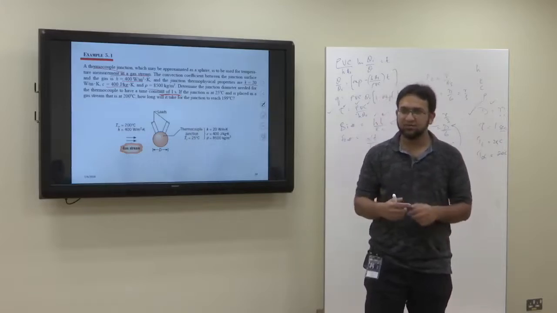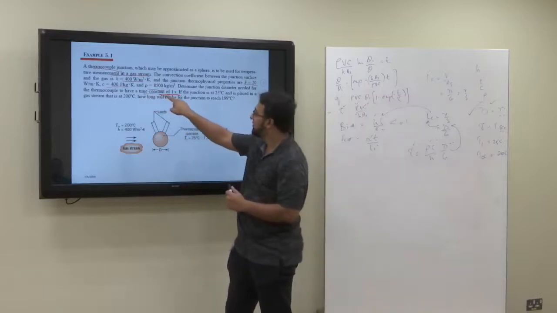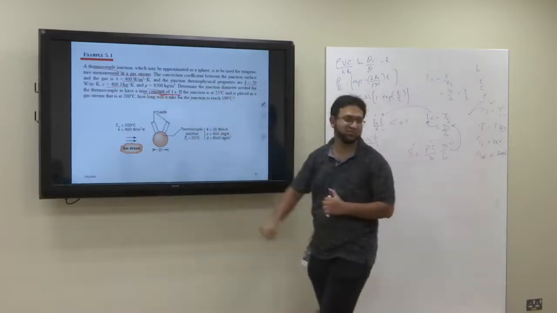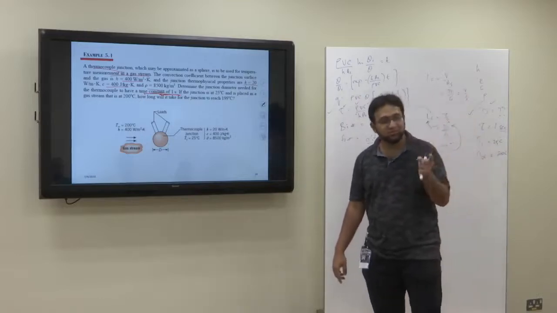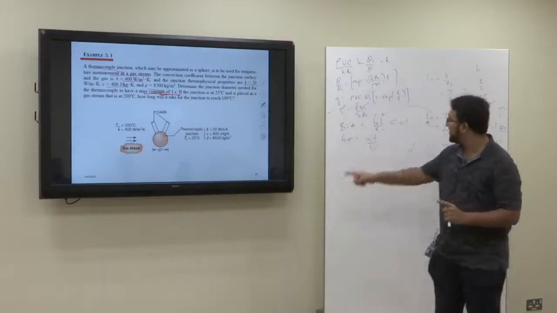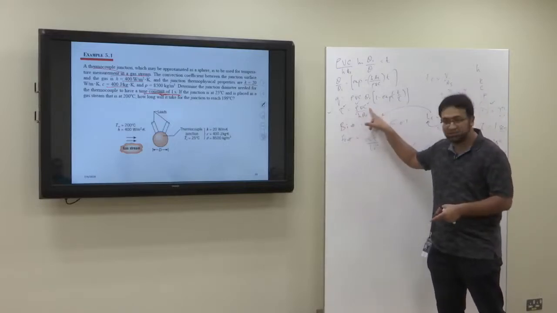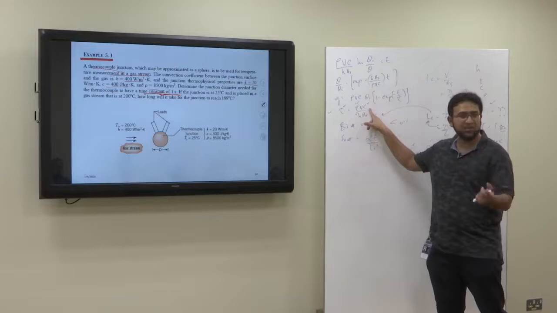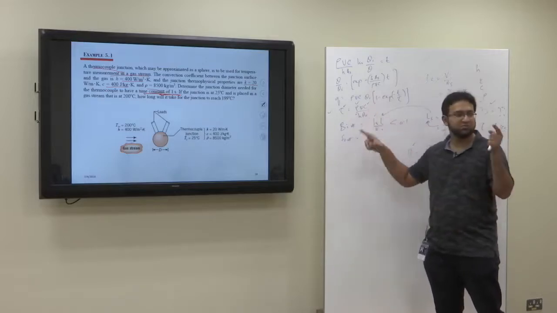So the question states that this is a time constant. Yes, you see here, this is the time constant. Now you are required to find the time constant based upon the material. That's why you see here in the formula it has density, which is of the material, specific heat, surface area and volume of the material.